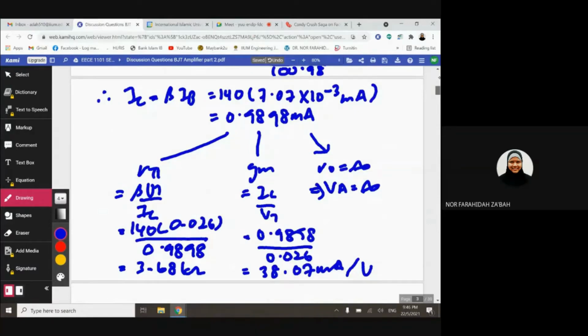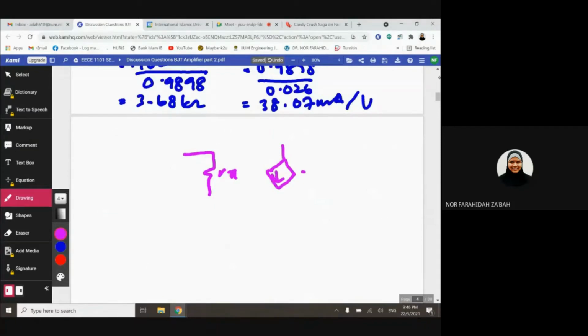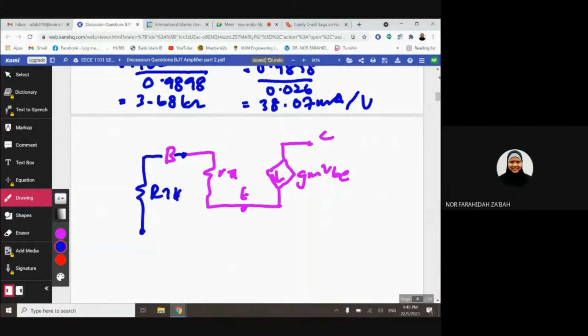Now you need to draw the AC equivalent. So this is your R pi, and GM VBE. This is the base, emitter, collector. I don't have to draw my R0 because R0 is infinity. Next is connecting your other parameters. The base is connected to RTH, and this is my VTH turned off.